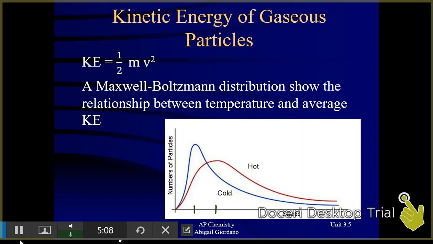One thing to also note, and I'm not teaching calculus in this class, I assure you, but the area under those curves is equal. The area under each curve is representing all total gas particles. And so the curve flattens out a little bit because the area under the curve is going to remain the same.